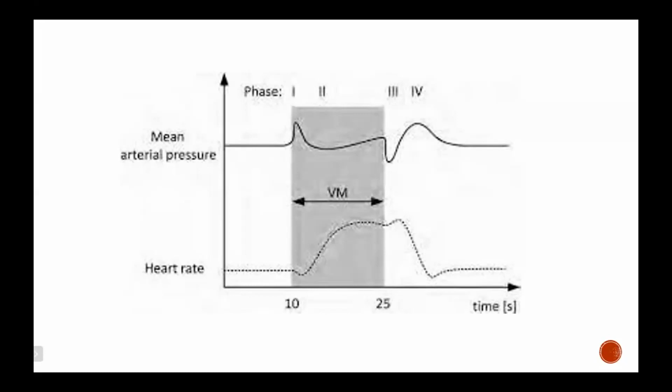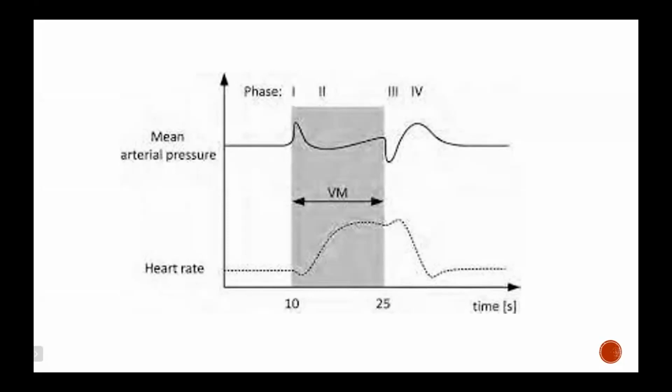So the blood in the left side of the heart will be less, the cardiac output will be less, and the mean arterial pressure will be less. There will be a transient fall in the mean arterial pressure. That is what you see in phase 3. And during phase 3, since there's increased venous return and increased blood flow through the right side of the heart, right-sided murmurs will appear loud.